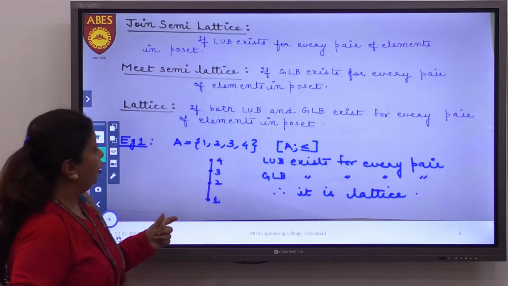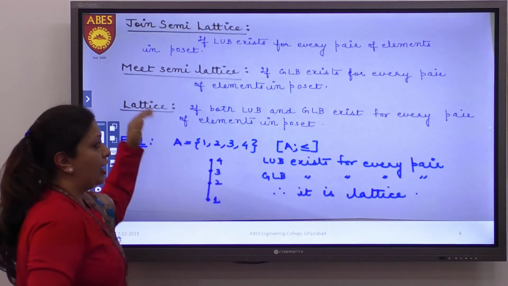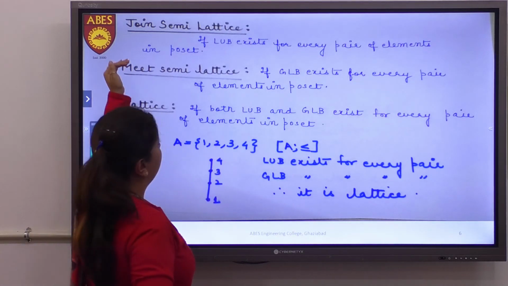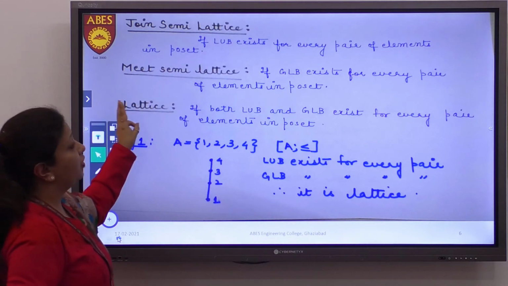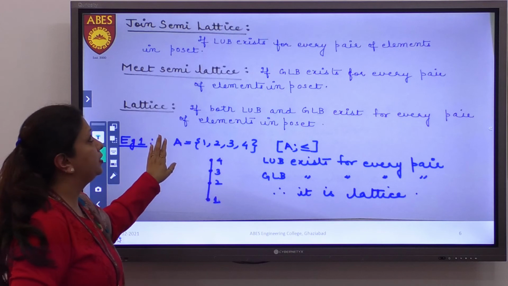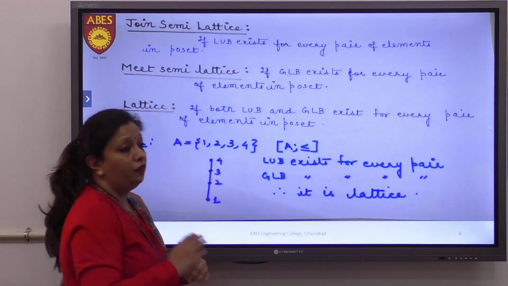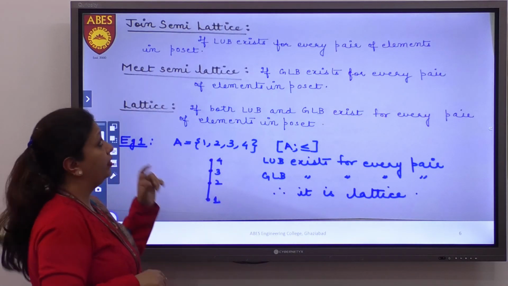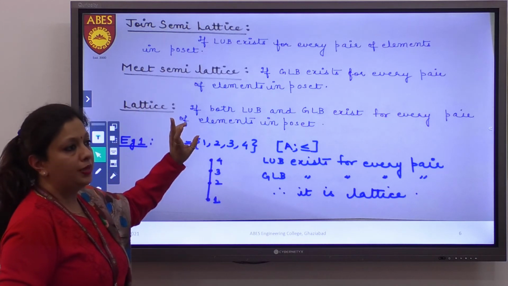Now coming to the main topic, that is lattice. Now we have studied GLB and LUB to come to the concept of lattices. Now these lattices are of three types. First is the join semilattice, second one is meet semilattice, and third one is the lattice. Now see, if there exists a LUB for every pair of elements in a poset, then we can say that it is a join semilattice.